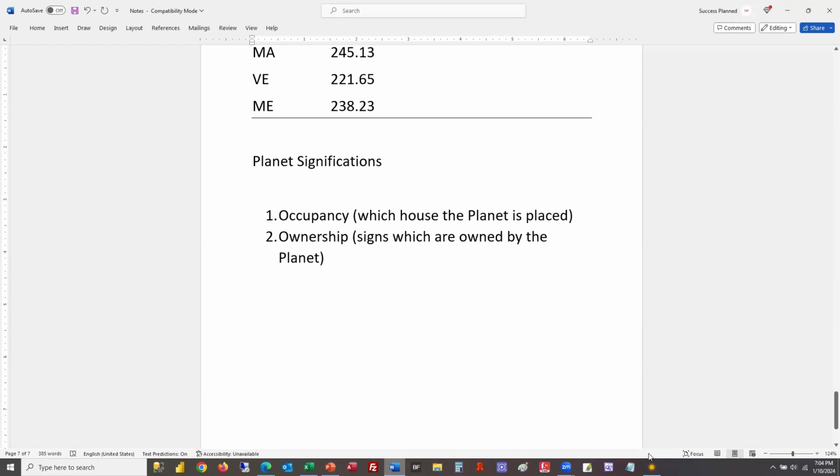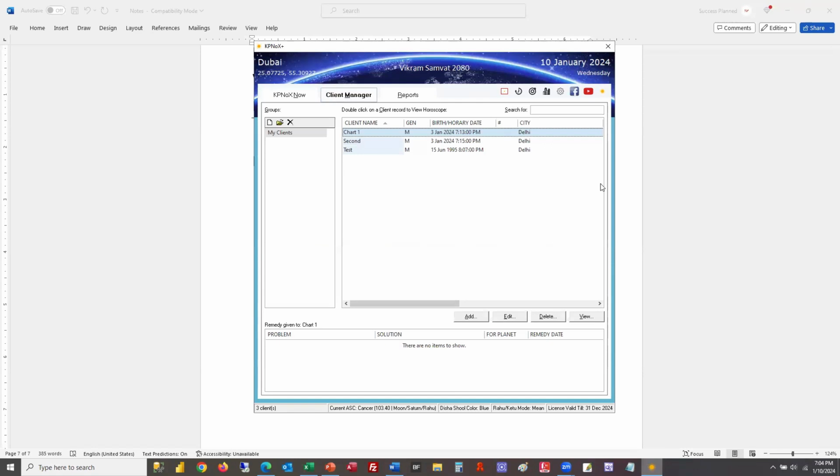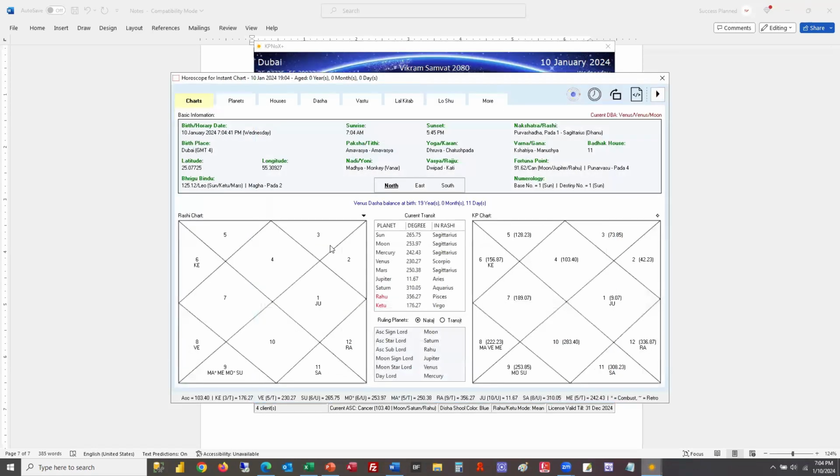So if we check any, let's say we create a chart here, new chart. Okay, now if I have to understand what is signified by a specific planet, let's say for instance Jupiter. So Jupiter is in which house here?